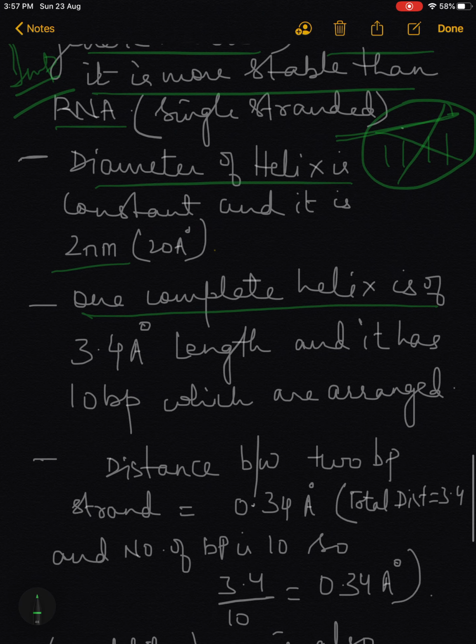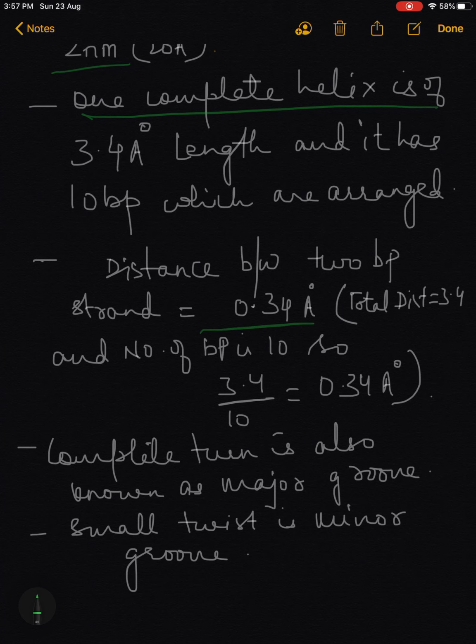So it was a very easy and small calculation: the total distance was 3.4 and the number of base pairs it contained was 10, so we just divided it and we got the answer.